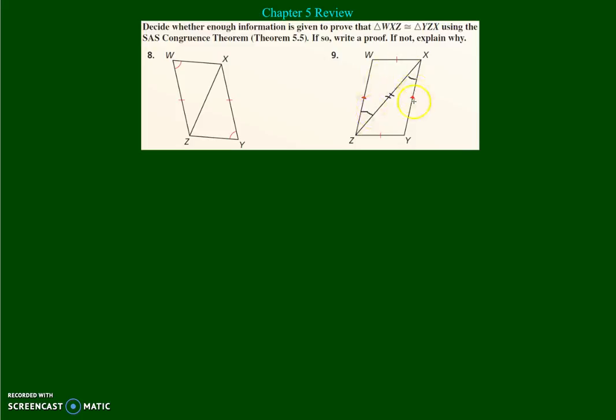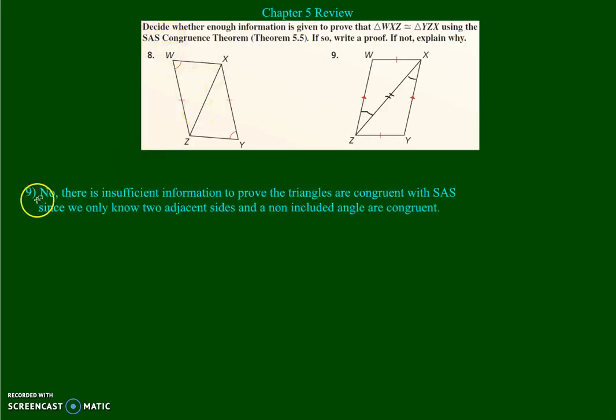So as this picture is drawn with this side parallel to this side, there is not sufficient information, regardless of what the author's answer is. If they had said that this side was parallel to this side, then we would have had that condition where these two angles would have been alternate interior and they would have been congruent. But we don't have that, so we can't show that these are congruent triangles by the side-angle-side theorem.